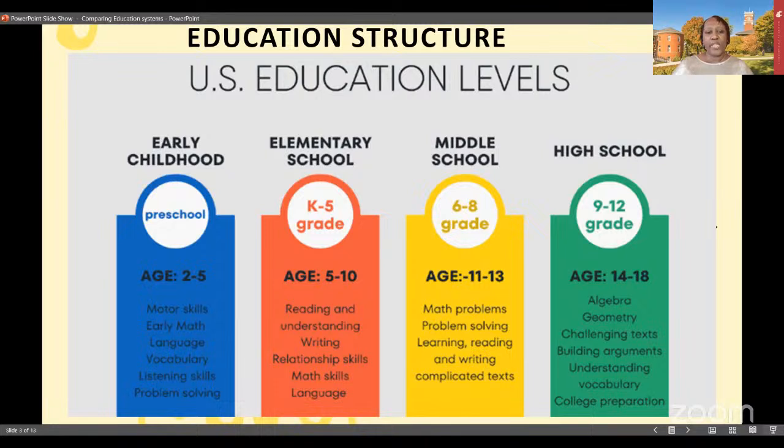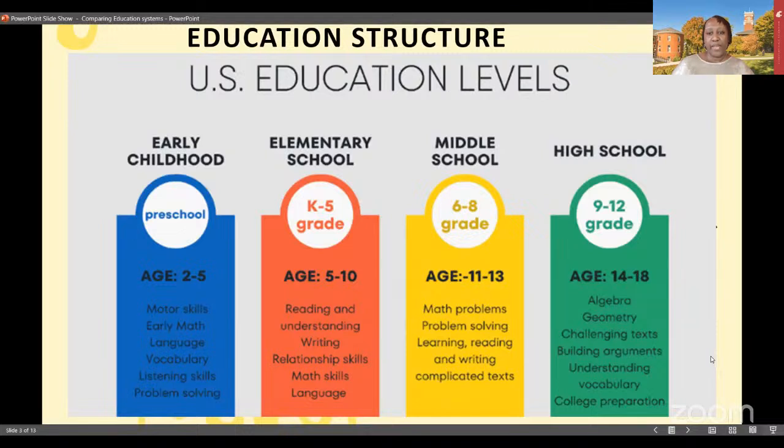Major stuff at elementary is reading, understanding, writing, relationship skills, math skills, and language. Then we have middle school, grades 6 to 8, ages 11 to 13, where it is still math, problem solving, reading, writing, and complicated texts.